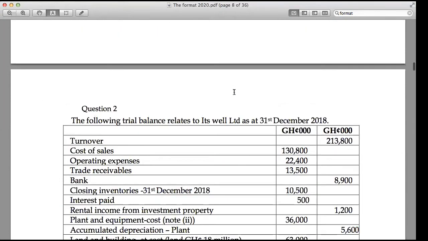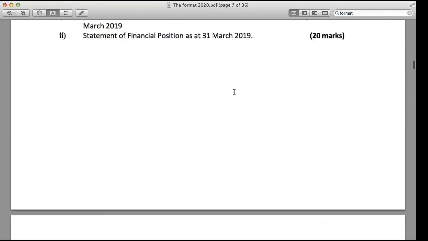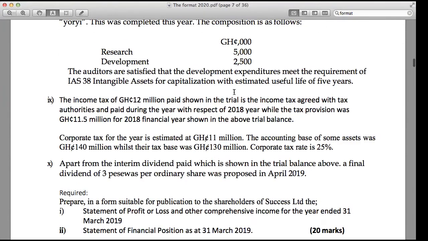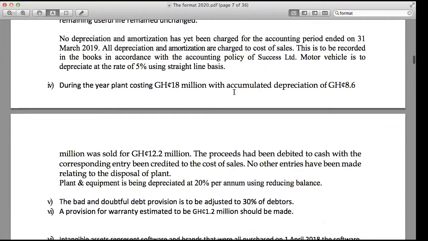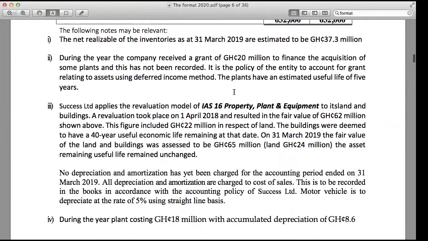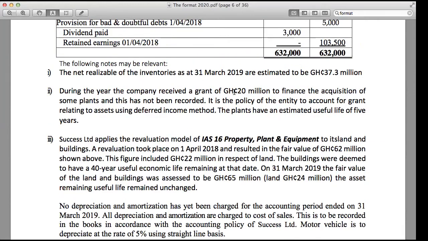Let me look at the grant over there, in one of the notes, either note 4 or note 6 or so. Note 2. Good, note 2. During the year, the company received a grant of 20 million to finance the acquisition of some plants.